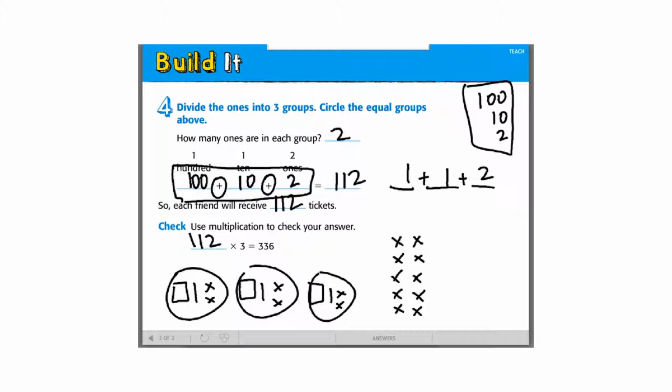So normally, all you're going to do is say a 1 in the hundreds, a 1 in the tens, and a 2 in the ones. Do you notice how I don't have plus signs in between each of those? I had to write it this way because I had plus signs in between each of those. Right here, all I did was give you some place value lines, and all you did was fill in how many you have of each in each place value. Those ones had plus signs, which is why we needed to have 100 plus 10 plus 2.